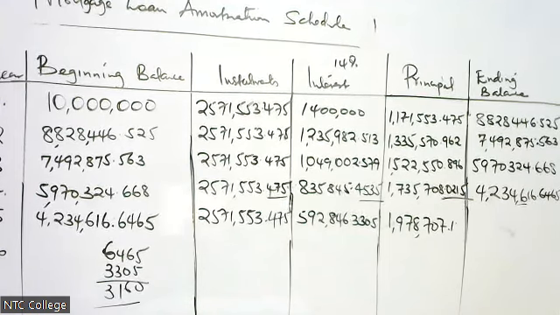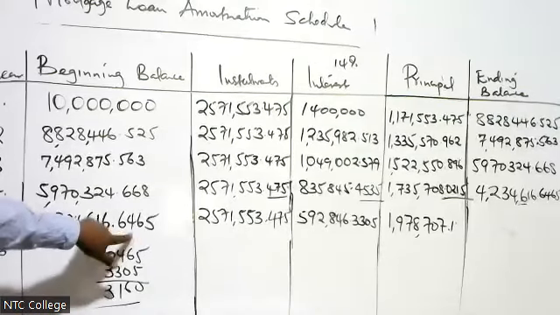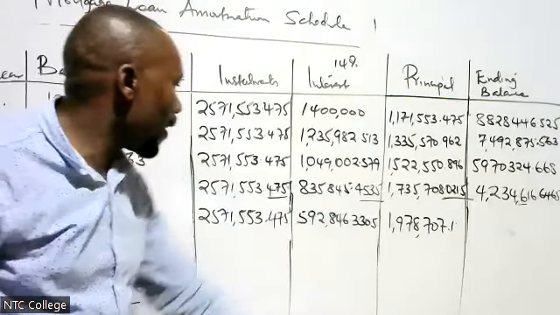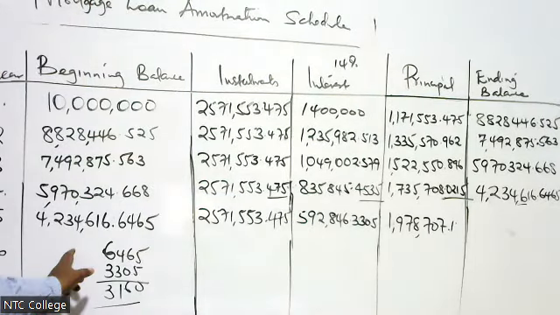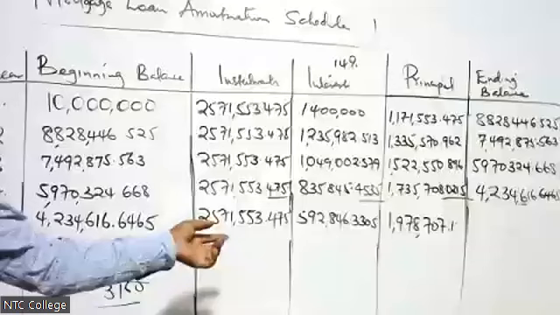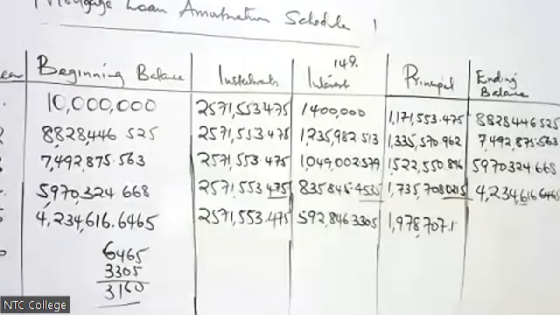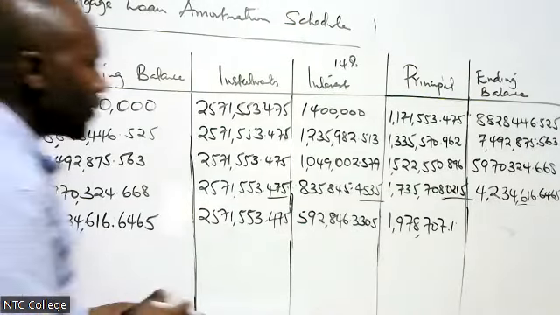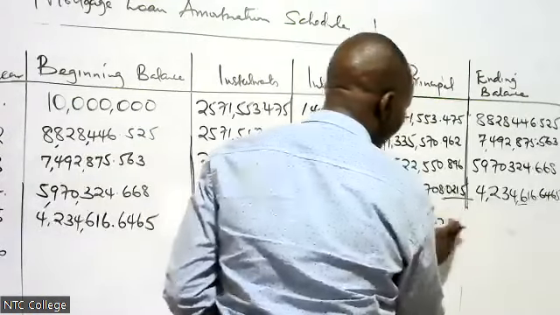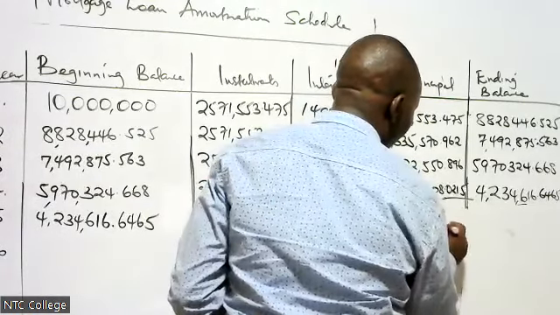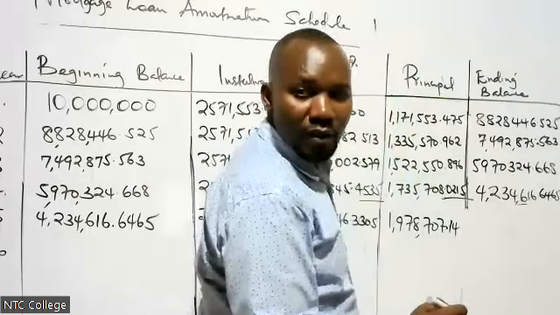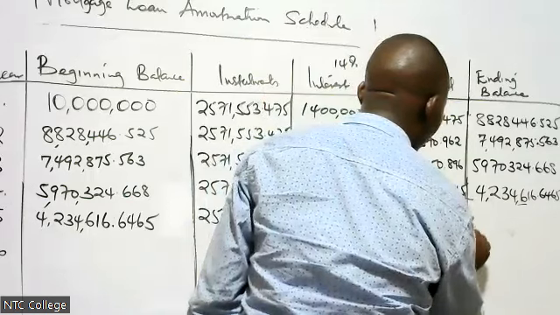Why is it far? This one, 64.65 minus 33.05. Oh, 33.05 is the interest. No, it should be the principal. So it should be 47.50, not 64.65. Thank you. So you are right. So 145. So my 47, 140, 14.45.